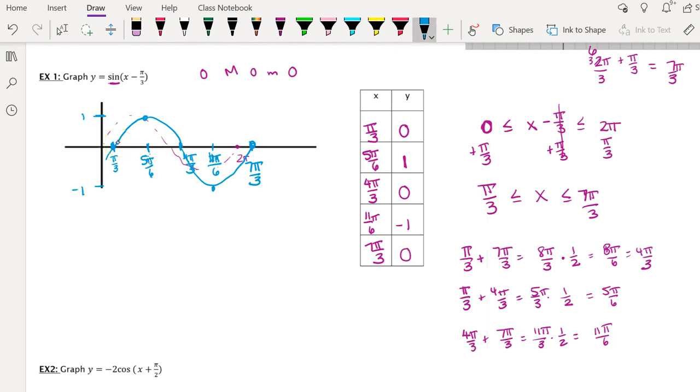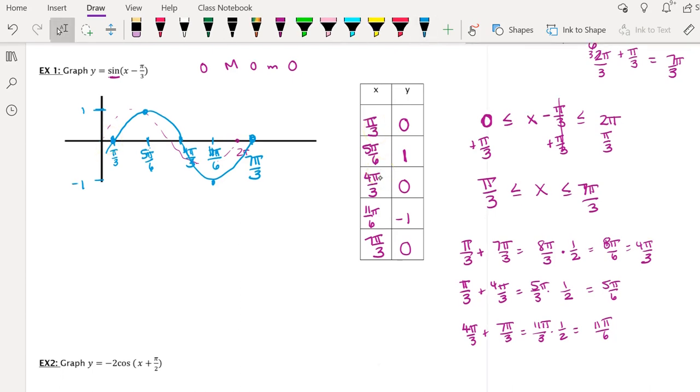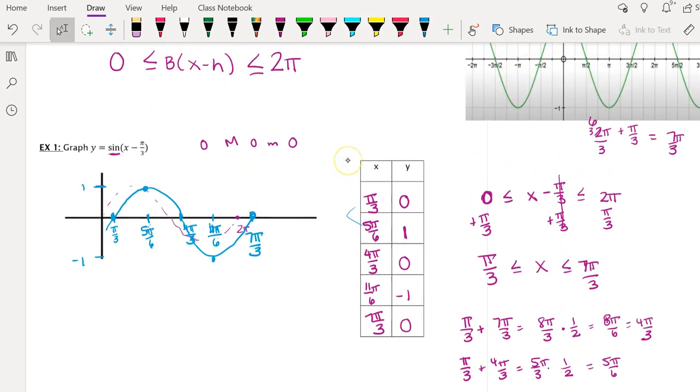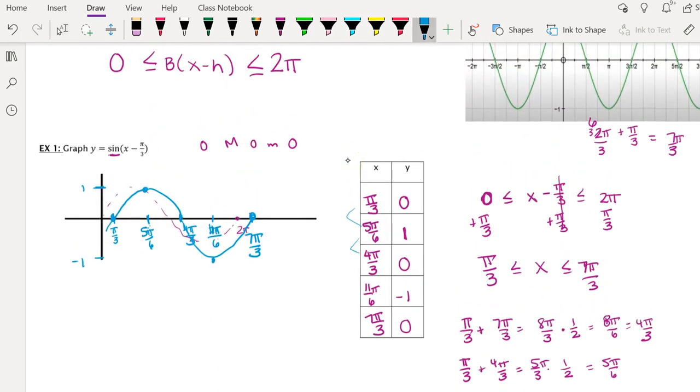I could subtract. I could find out how many units I'm actually counting by, and I know that this is going to continue going down at some point, and over on this side I would find where my new minimum is. I should keep that going up and down. So that's one period of the sine function with a horizontal shift.